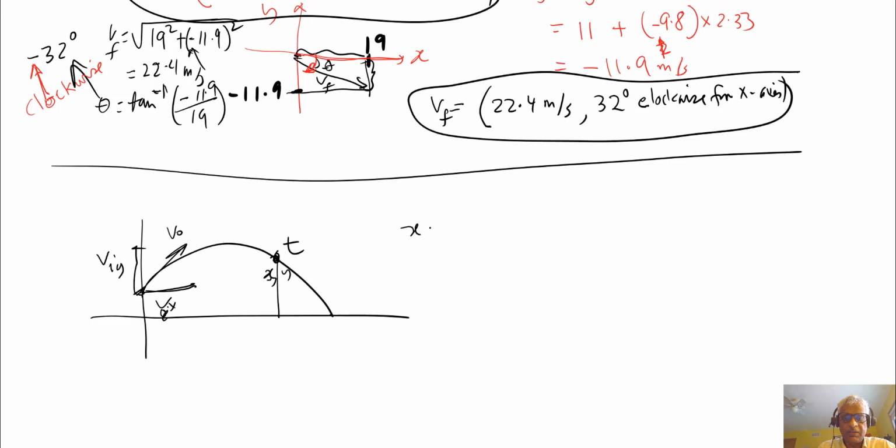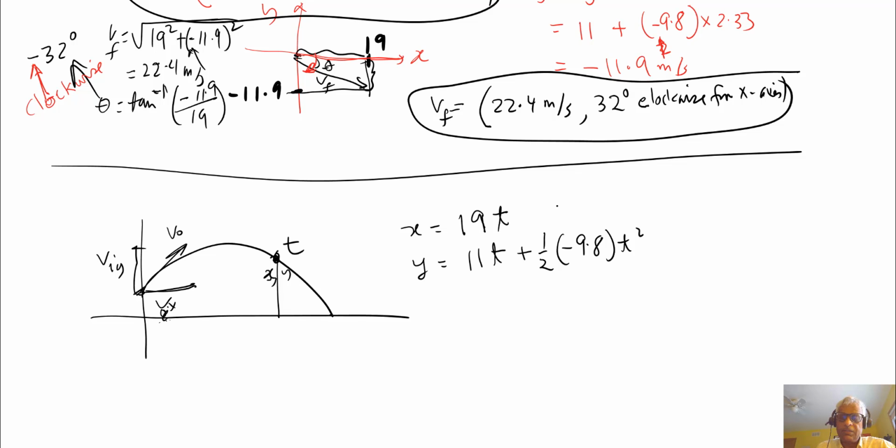This x was the v0x times t, which was 19t, and the y at any time was v0y times t, which was 11t, plus half of minus 9.8 t squared.